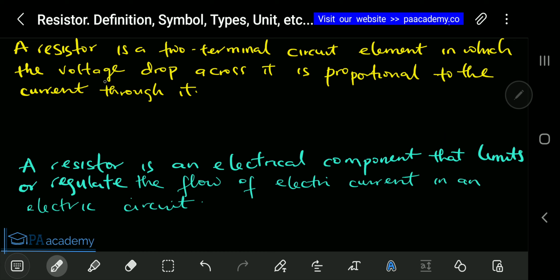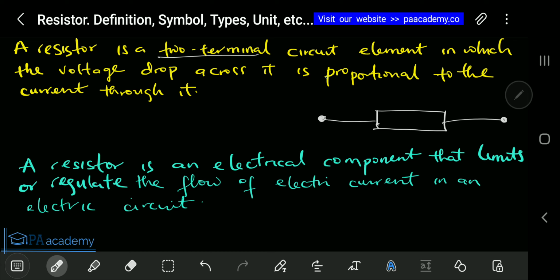So again, it says a resistor is a two-terminal device. Now let me first of all draw the symbol for it. If you look at a resistor now, you can see it's a two-terminal device. So this is what it means with a two-terminal device. These are some keywords that you can use when defining what a resistor is.